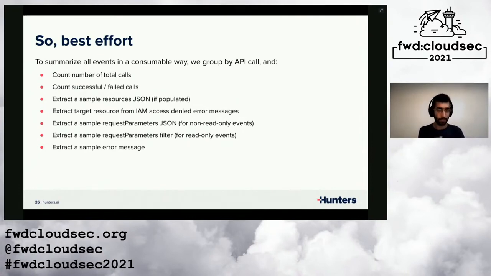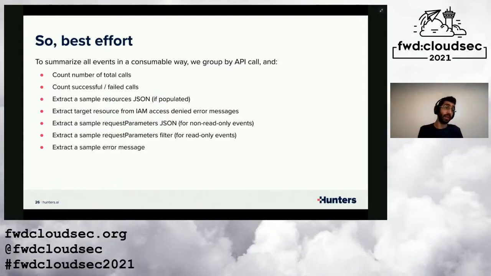And then a bit trickier things based on the quirks I showed earlier. We extract a sample of the resources JSON, hoping that it's populated. If not, then we extract a resource from IAM access denied messages if there happen to be such in the event, because if it's a service that doesn't populate the resource, maybe it does populate that field, which is great.